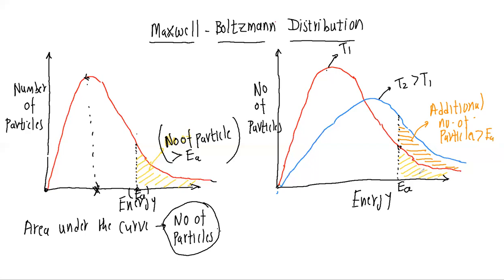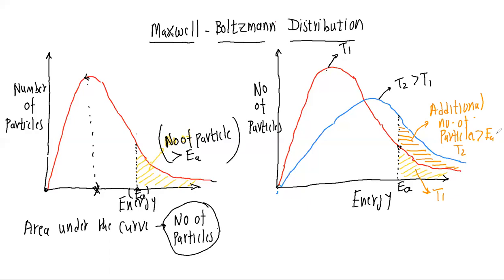This yellow area is at the same temperature T1, and these are the additional number of particles corresponding to temperature T2. So what is the impact? The impact of increasing the temperature is simple: we now have a higher number of particles having energy greater than the activation energy EA.